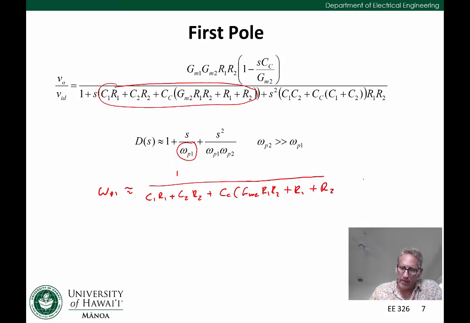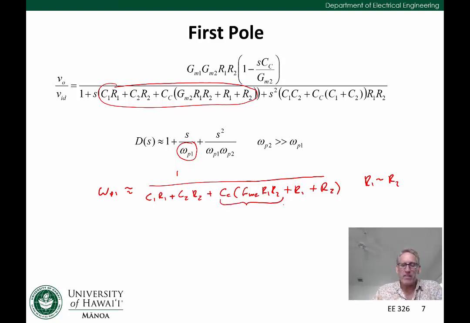Now, again, let's assume that R1 is on the order of R2, which is reasonable. These are basically output resistances. What can we see in this equation? R1 and R2 are about the same. The only term that has an R1 R2 product, which would therefore be the largest term most likely, is this term in here.